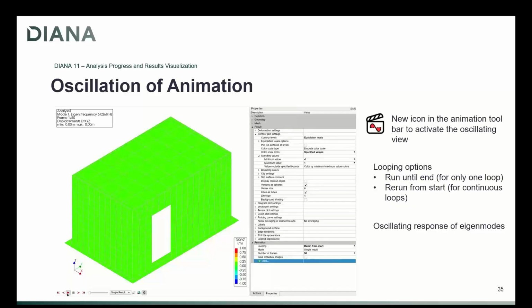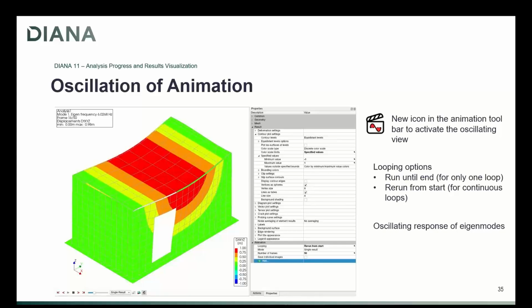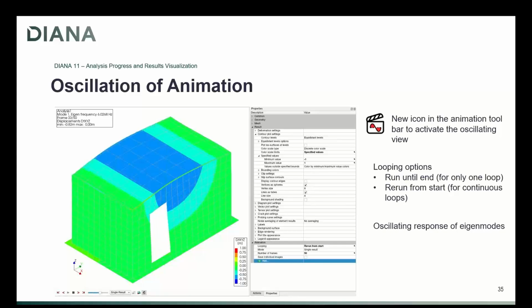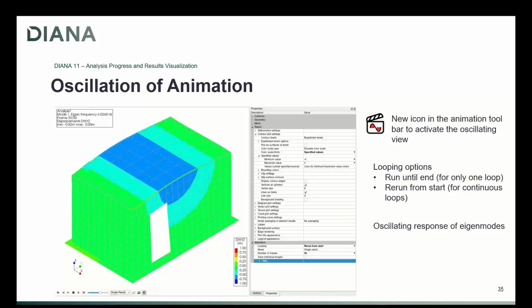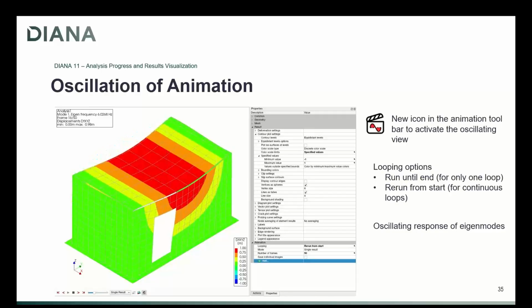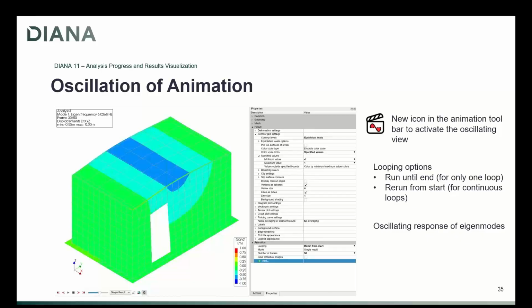In terms of results visualization, it is now possible in Diana 11 to visualize the animated deformation of an eigenmode in an oscillating manner. For this, you will see a new icon that appears here in the animation toolbar. When you click on this icon, you activate this oscillation view.